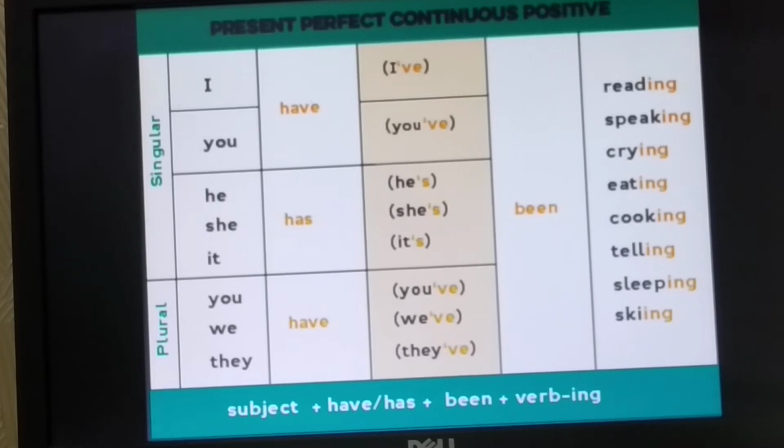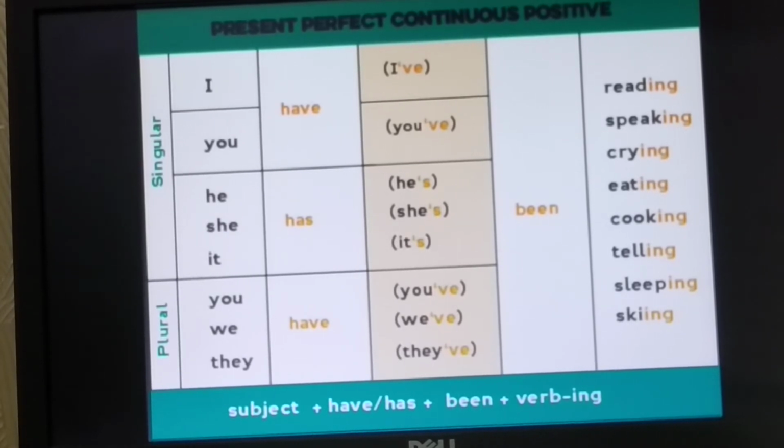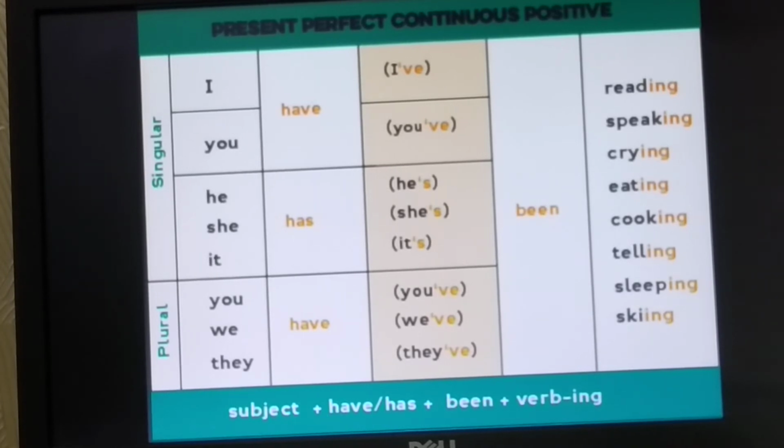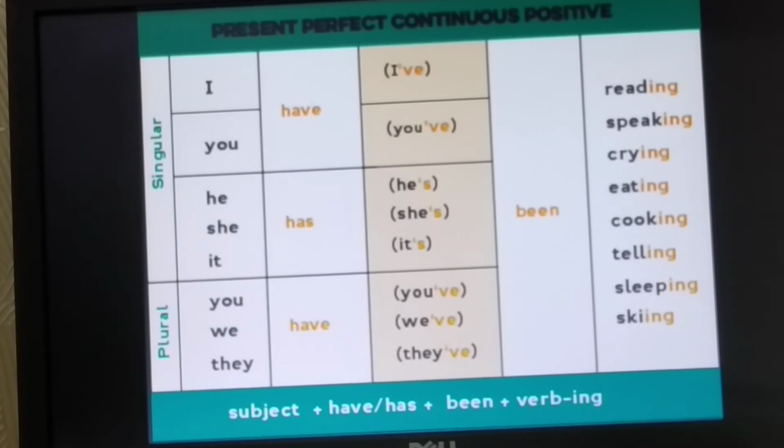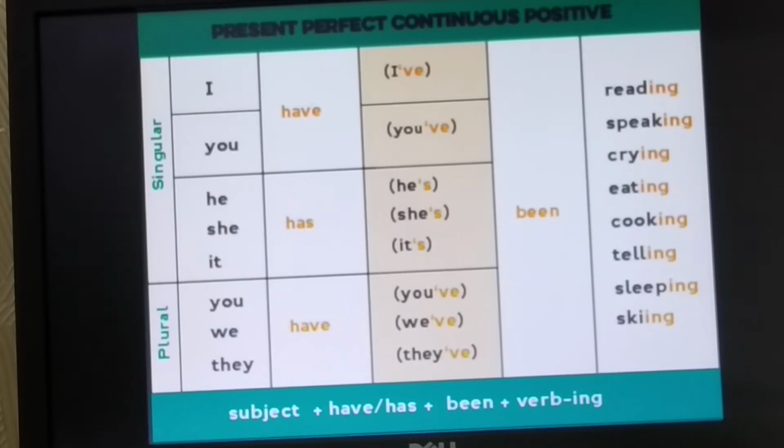At first, we will use subject, then have or has, then we will use been, and then we will add ing with the verb. For example, I have been reading, you have been speaking, he has been crying, she has been cooking.